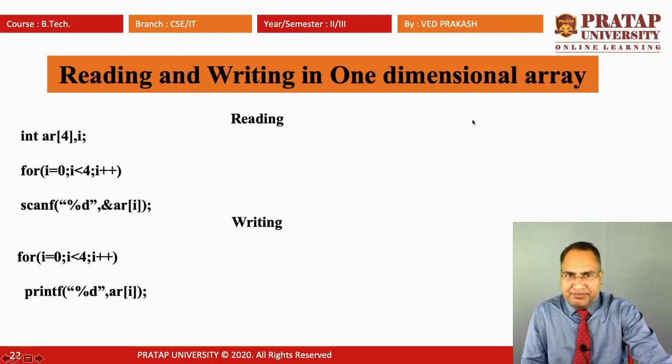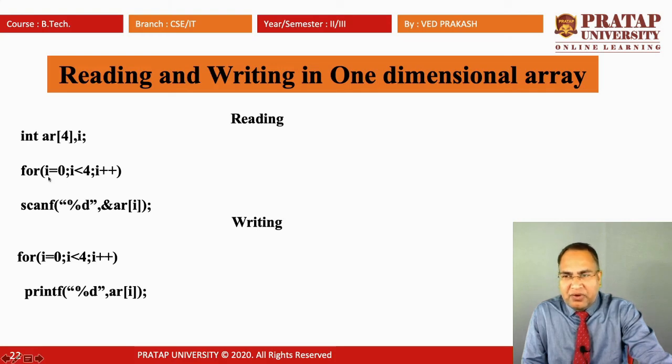Now, the next topic is reading and writing in a one dimensional array. As we know, an array consumes consecutive memory allocations. So when we give input and take output, meaning we are reading or writing, we always have to use the for loop.